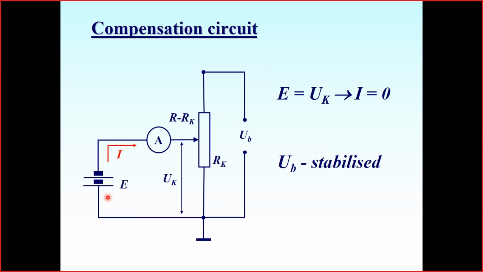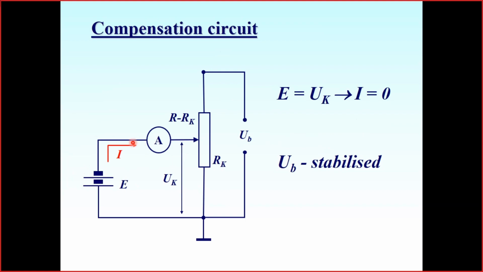Zero current means that the voltage at the output of the potentiometer is exactly equal to the electromotive force.